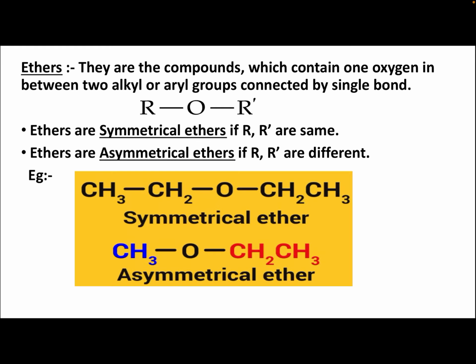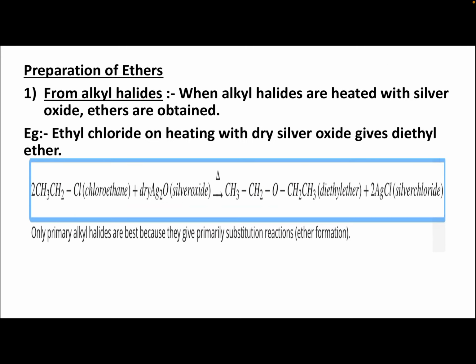Here on both sides of O there are different alkyl groups, a methyl group on one side and an ethyl group on the other side. So it is an asymmetrical ether. R and R dash are different. Its name is ethyl methyl ether. It is an example of asymmetrical ether.